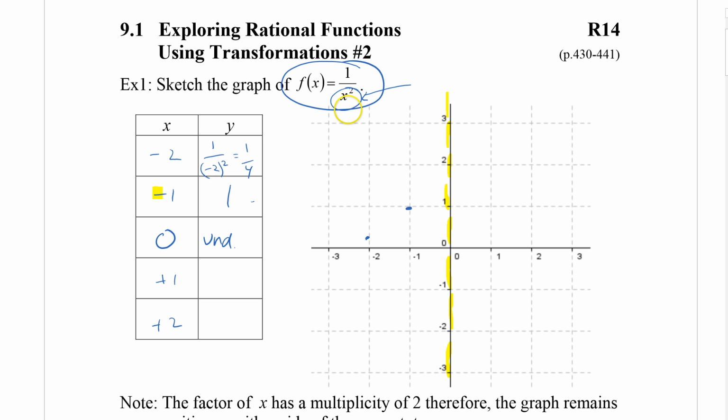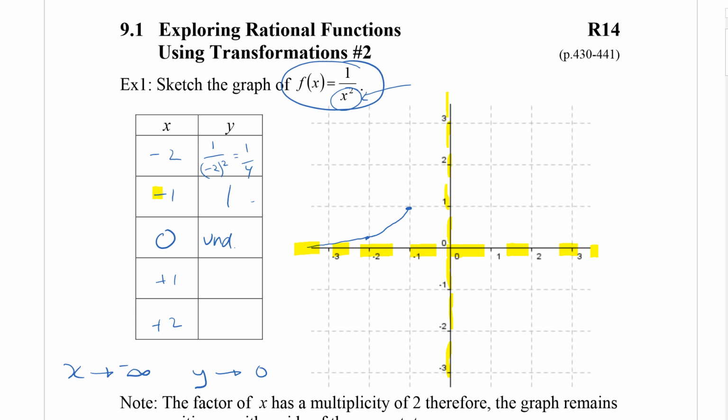And if we think ahead, as x gets exceedingly large in the negative direction, y, 1 over a very large number, is going to get closer and closer to 0, but never quite get there. So we're going to get the asymptote right here. So right away I'm going to put in an asymptote along here, and we can see that happening.